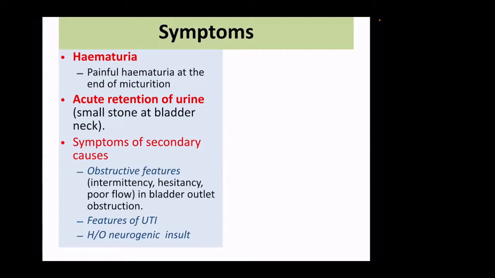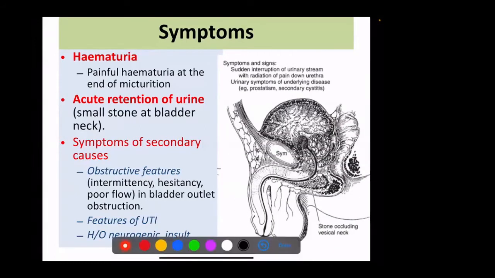If the patient comes to you with a bladder stone, then please search for BPH. Search for neurological damage like neurogenic bladder. There are so many other causes of bladder outlet obstruction. Search for those causes. See, this picture is showing you a small stone obstructing the bladder neck.